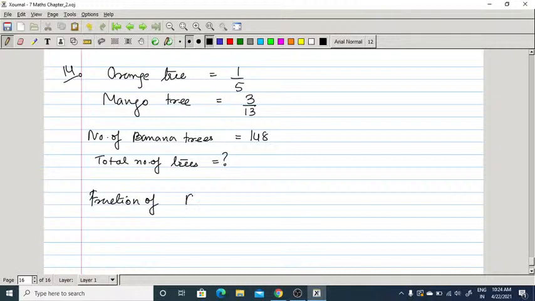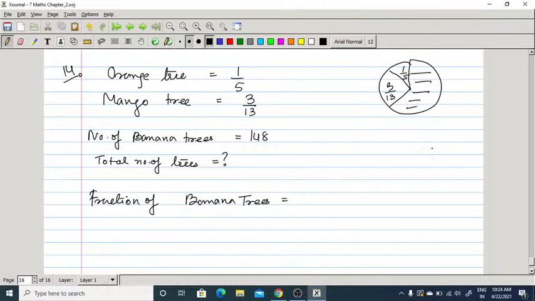Fraction of banana trees. I hope you are getting this, that this is the full orchard, this is the field. 1/5 is orange tree, 3 by 13 is mango tree, and the rest is banana tree.